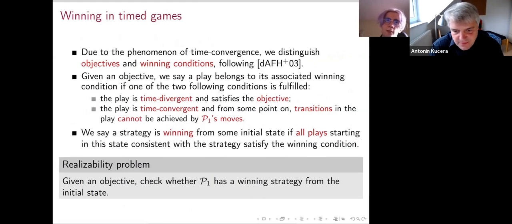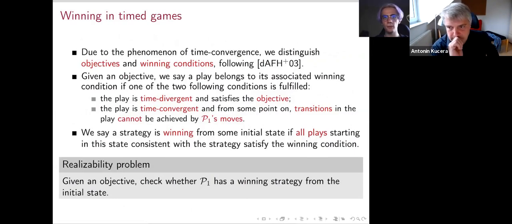Winning in timed games is defined in a way that takes into account time convergence. So we will distinguish objectives from winning conditions. Given an objective, we will say that a play belongs to its associated winning condition if one of the two following conditions is fulfilled. Either the play is time divergent and satisfies the objective, or, if the play is time convergent, we will want it to be so that from some point on, transitions in the play cannot be achieved by player 1's moves.